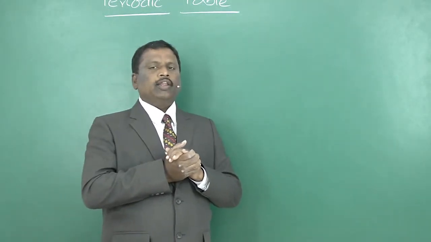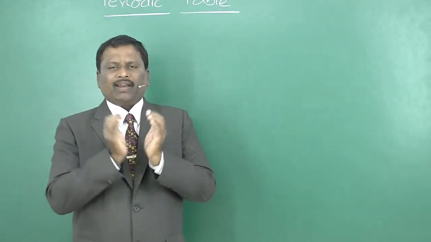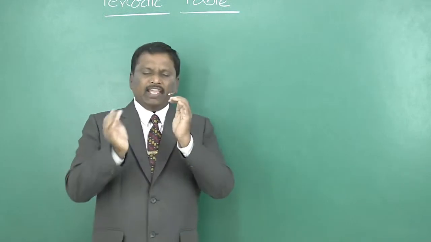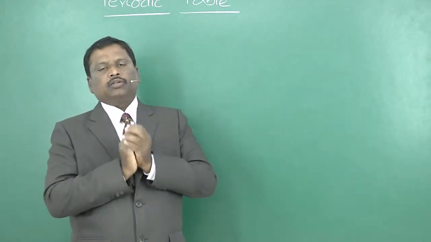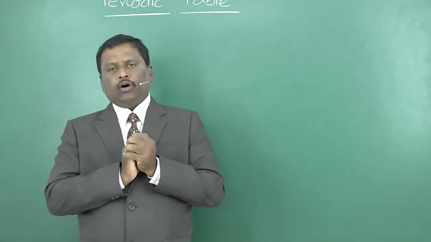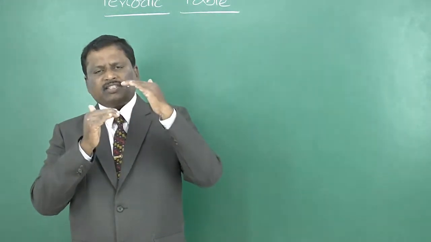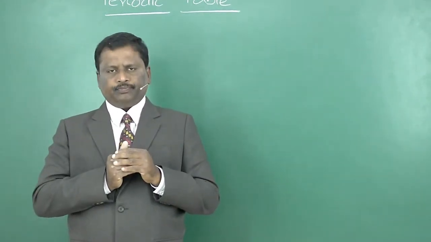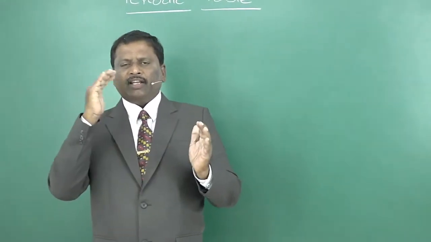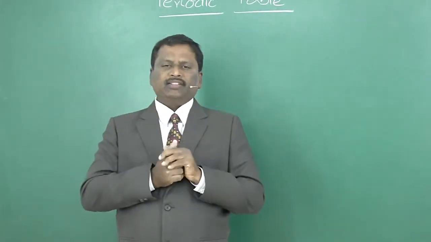So what Döbereiner did was take a group or cluster of elements with similar properties and arrange them in increasing order of their atomic weights, so that he found in a triad, that means 3 elements with similar properties, the atomic weight of the middle element is the arithmetic mean of the first and third elements.